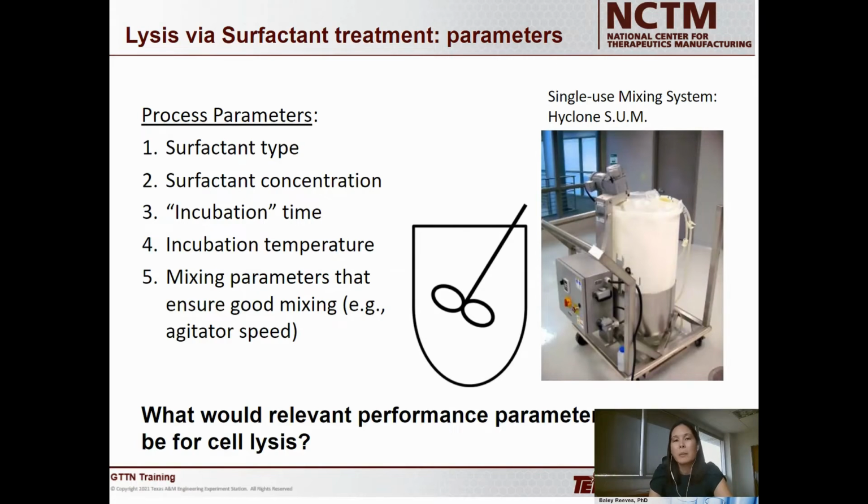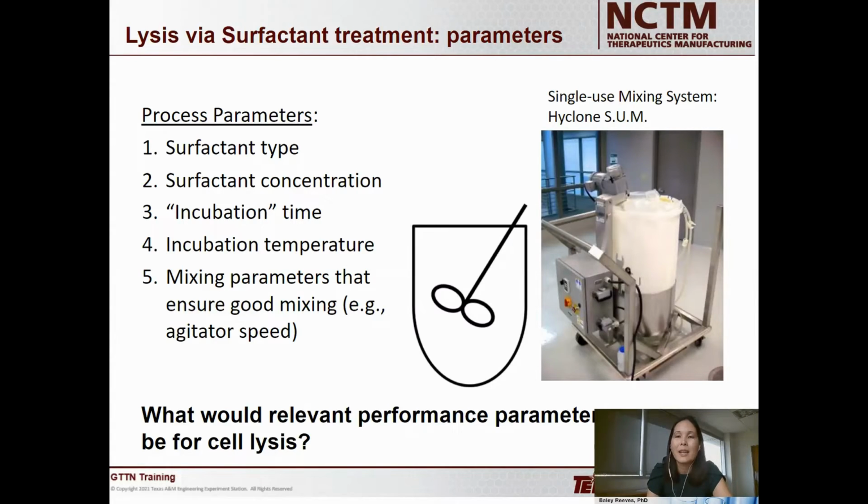So we talked earlier about how sometimes you could use a surfactant in order to drive lysis compared to a homogenizer. So if you are using a surfactant-based lysis step, there are a lot of different process parameters, such as the ones listed here, that you can investigate for that process optimization. One thing that is really nice about lysis using surfactants is that this is going to be compatible with single-use process trains.